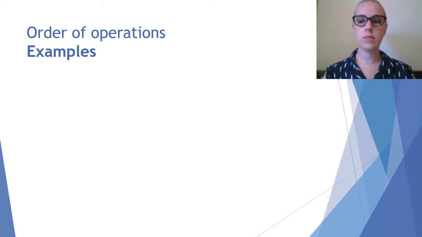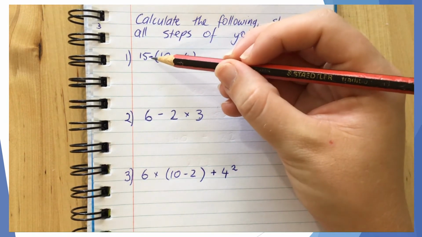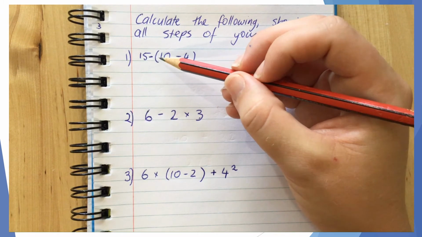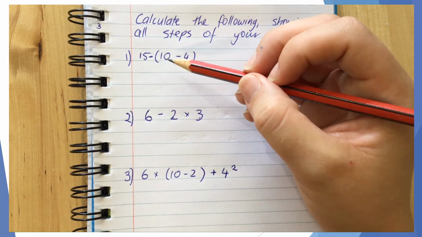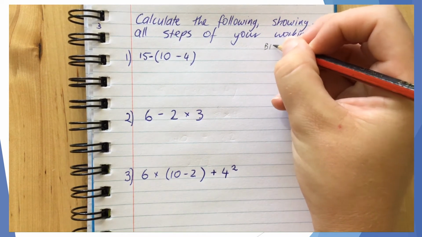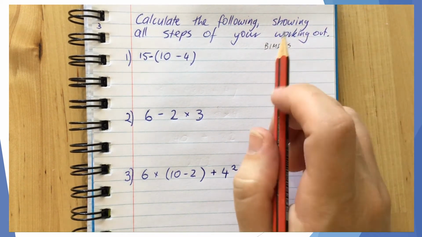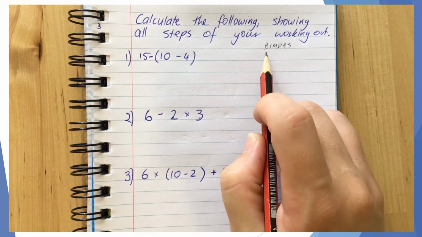Now we're going to have a look at some examples of how to apply this. Calculate the following, showing all steps of your working out. If we look at the first one, it says 15 minus bracket 10 minus 4. So I have to remember my little acronym, BIMDAS. The first thing that I need to do is brackets.